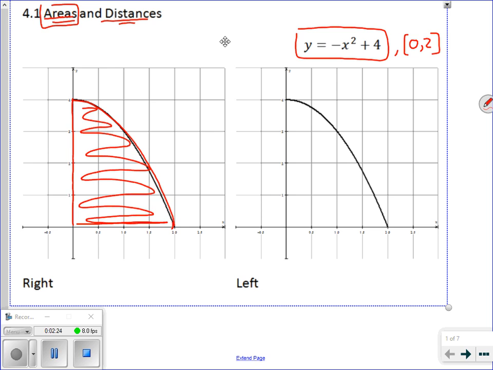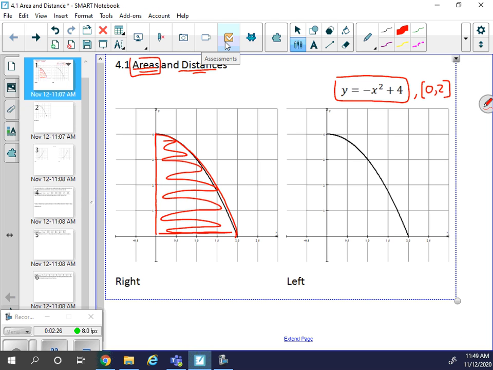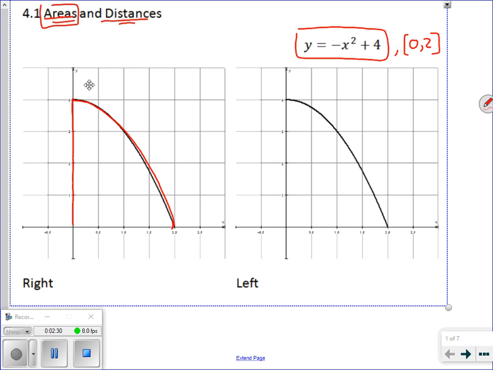And just like how we created a definition from the approximation of average rate of change, we're going to do the same thing with approximating area. So today's lesson is all about finding an approximation for the area underneath the curve.